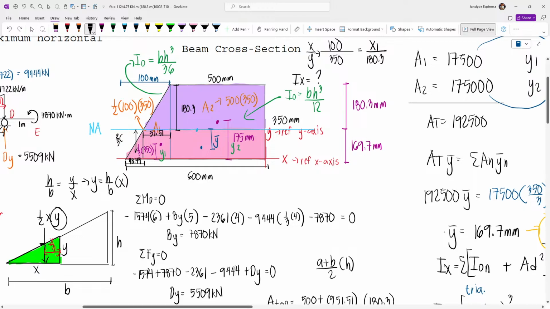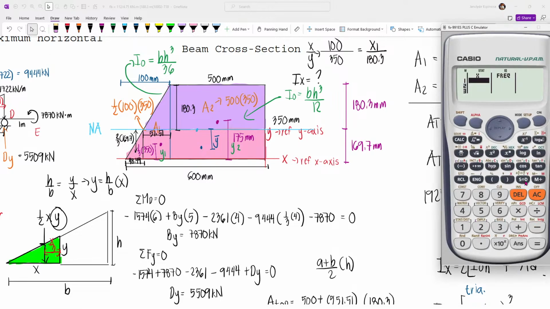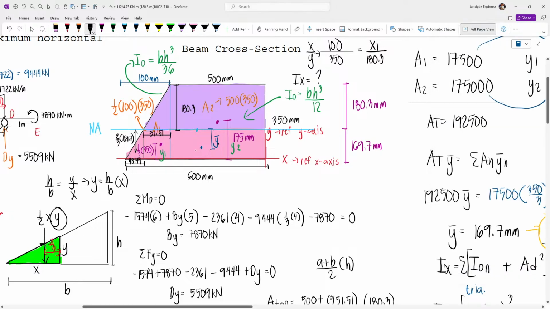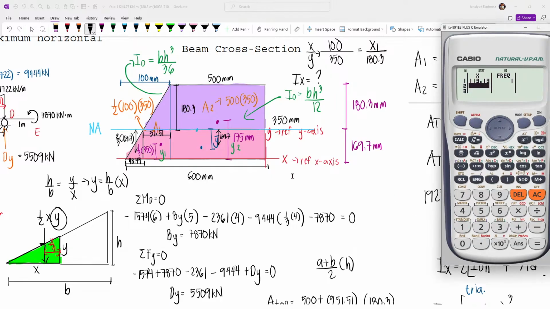So 2/3 of 169.7, and then ang distance diri na pod sa centroid sa rectangle, half sa pila kani 169.7. Pero later han ako itudlo sa inyo nga lain pagi. 169.7, so divided by 2.